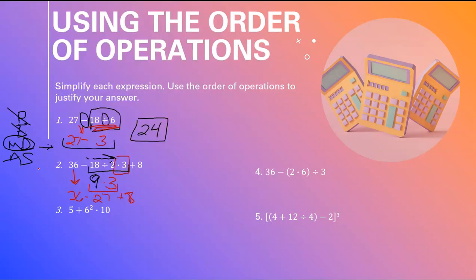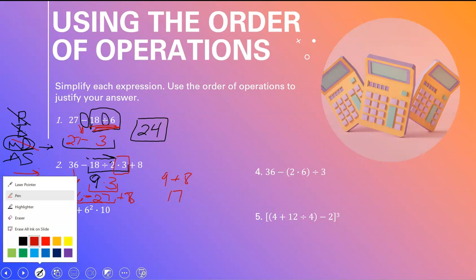All right, multiplication and division are now complete. We're going to finish this up by completing all the addition and subtraction once again from left to right, like we're reading a book. So 36 minus 27 comes next. And 36 minus 27, you'll get 9. And then we add 8 to get an answer of 17.